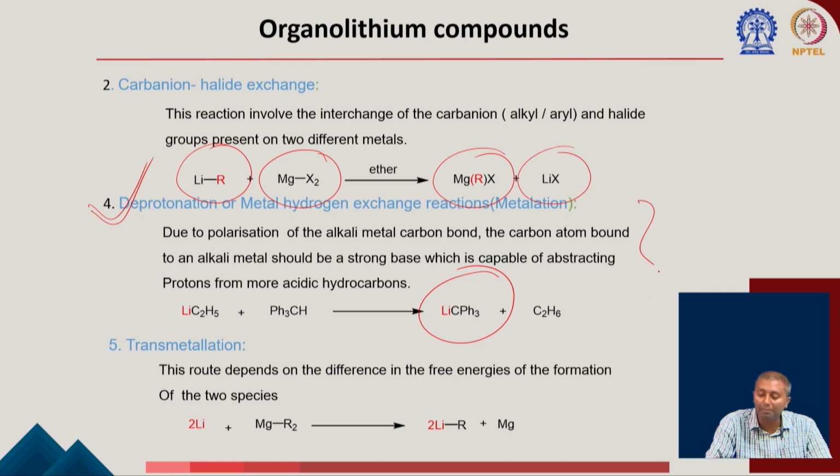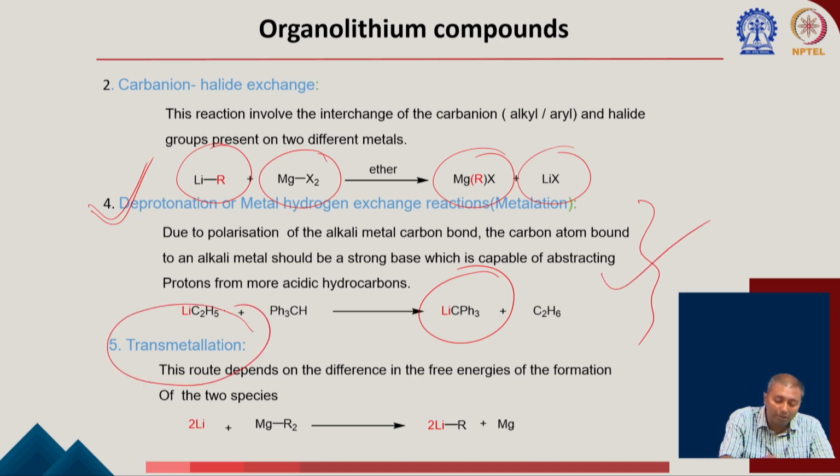So there are different types of methods, and different types of proton. It could be sp3 or sp2, so this proton could be attached to an sp2 carbon or an sp3 carbon. We are going to discuss this part in detail. Then there will be transmetallation. We are going to show that this can transmetallate with tin and also with selenium.